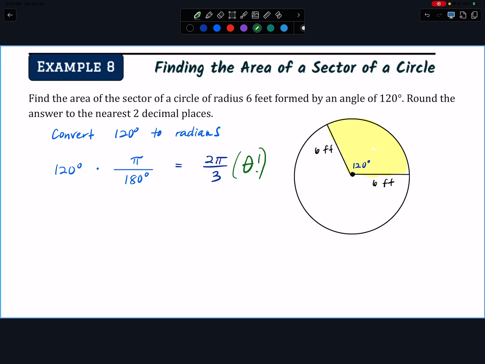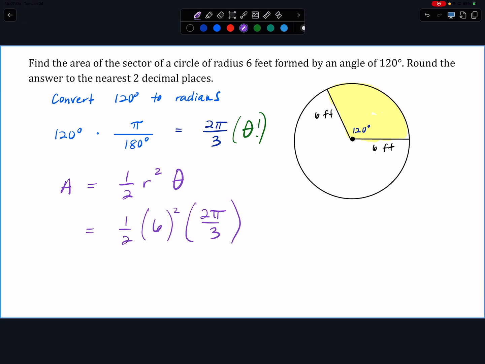To use my formula, area is equal to 1/2 r squared theta. So 1/2 times my radius, which was 6, squared, times my angle, which is 2 pi over 3. If I throw all that into my calculator and round to 2 places, I'm looking at my answer from last year and it's only 1 place.